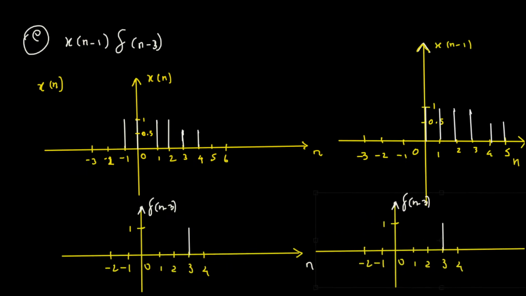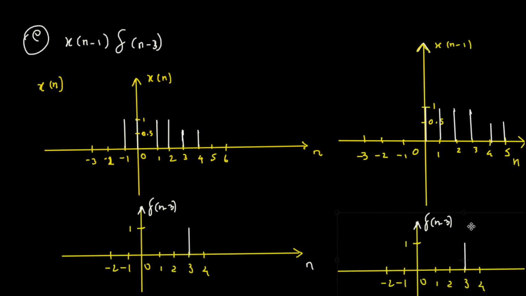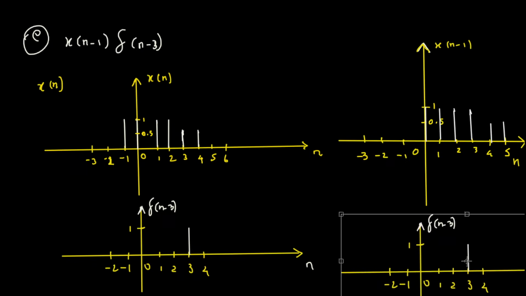It's the exact same graph for the next one as well, but this time you can say this is x[n-1]δ[n-3]. Same graph, and that is it. This is our n axis, and this is x[n-1]δ[n-3].